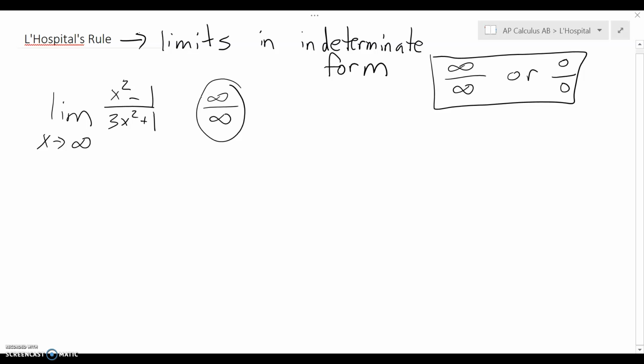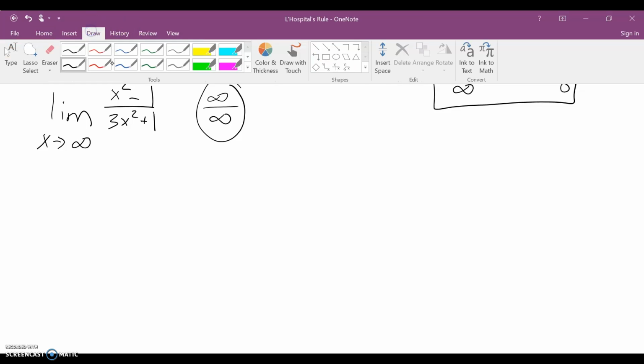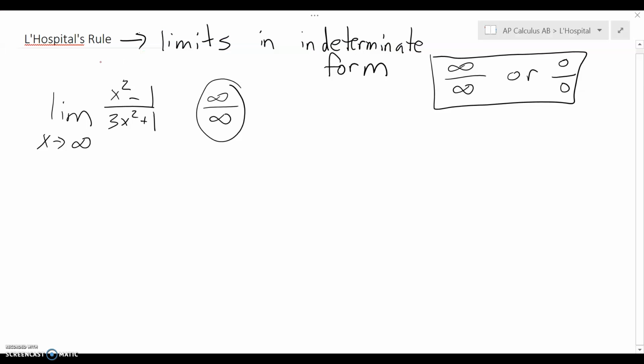This one, actually, we have a way to adjust, and I think we did this problem much earlier in the year. We had an algebraic strategy on a problem like this. Some of these, a subset, you can do using an algebraic strategy where we divide by the highest power. We take the highest power in the denominator, and divide every term by that highest power.